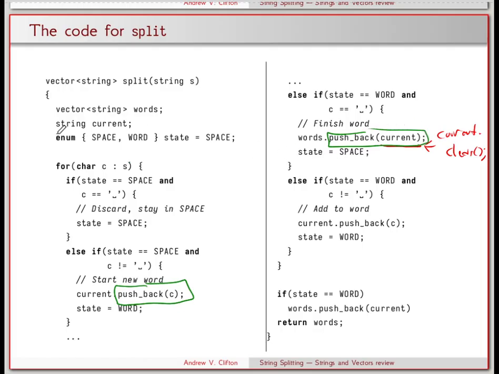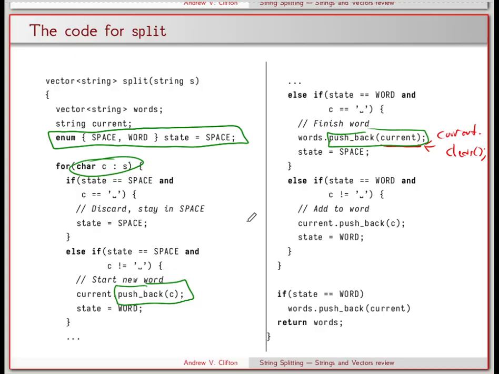We can do the ranged for loop over both strings and, if you wanted to, over vectors. And then we won't really use it much later on, but we have this enumeration variable here that can be convenient if we have a value that can be one of a few different things. So that's the code for our split function.